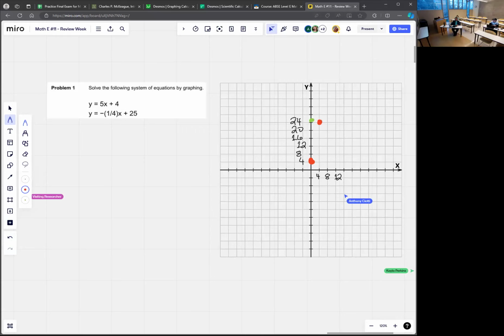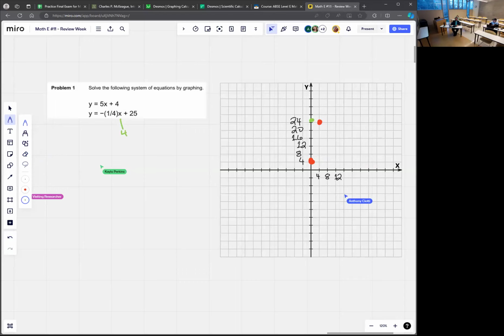So that's not really any slower for me to do, plugging something in, than it is to count up, rise, and run and make a little staircase kind of thing. And it works better with the scale we have. Similarly, I need one other green dot. So if I plug in 4 for the second equation, what happens if I put a 4 in there? 4 times -1/4.